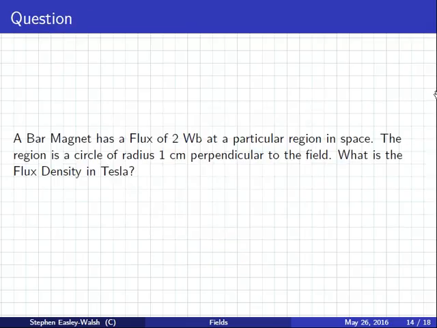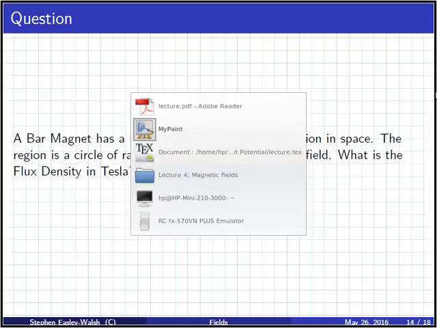Right, now ready for our first question. A bar magnet has a flux of 2 Webers, and the region is a circle of radius 1 centimetre. What is the flux density? What's the formula for flux density?